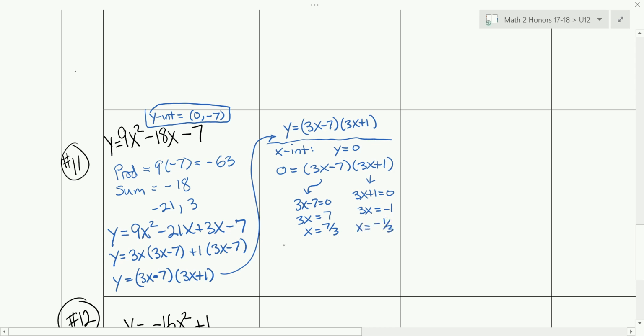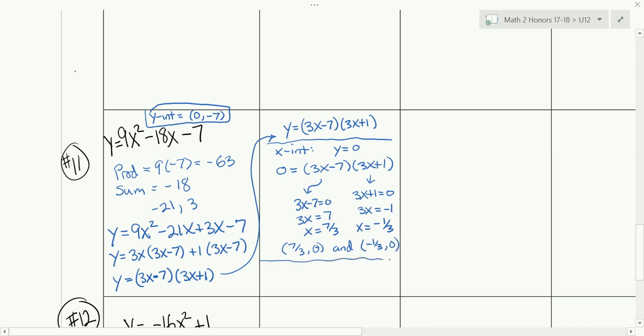And so our x-intercepts are going to be 7/3, comma 0, and negative 1/3, comma 0.